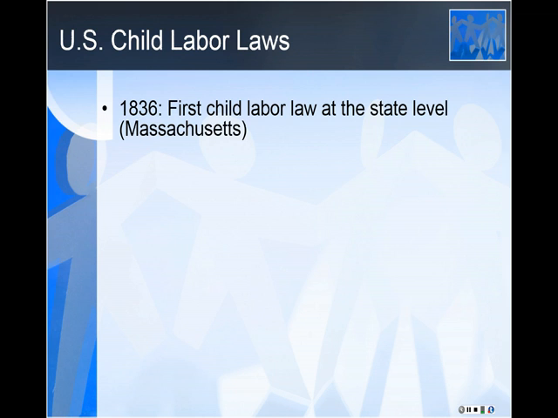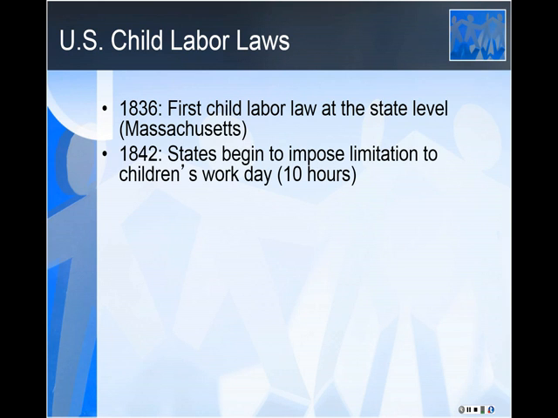So the United States started to deal with this particular element in the 1800s, where the first child labor laws at the state level were passed in the state of Massachusetts. A few years later, states began to impose a limitation on how long a child could work, and that's 10 hours, which seems like a real long time because we have the 8-hour workday in today's environment.